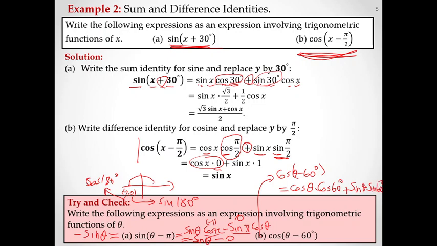Now if you put them together, it will be cosine theta times 1 over 2, and then sine theta times square root 3 over 2. Because we have the same denominators, we can write them in the same fraction. So it will be cosine theta plus square root 3 sine theta, divided by 2.